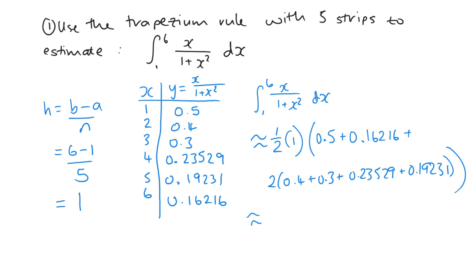So we've got a half times 1 is a half, and when we work out all what's inside that bracket, we get 2.91738.